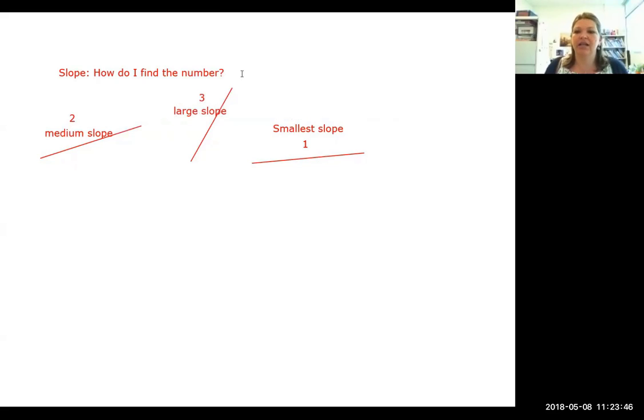So, let us define slope one more way. So we already said slope is a measure of steepness, but how do I measure it? Okay, so this is how you measure it.